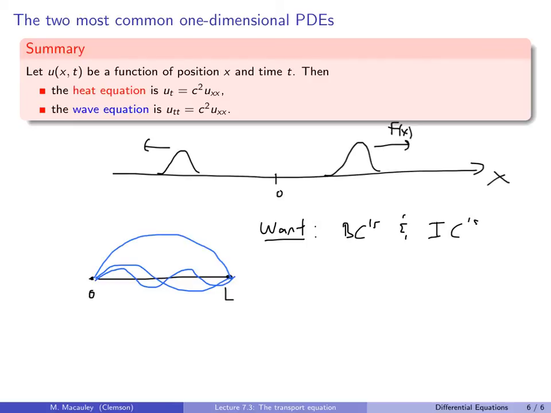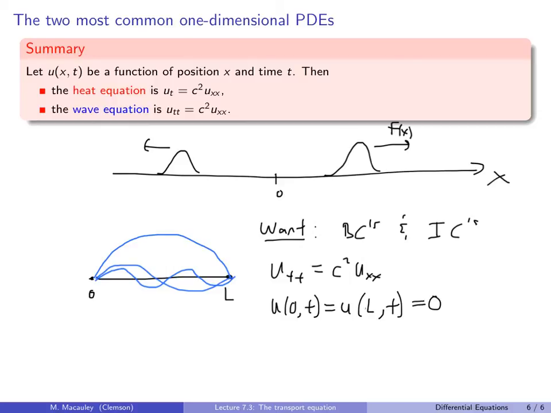For example, what we'll get is a PDE that looks like this. We'll get some boundary conditions where the endpoints are going to be fixed at all time t. So that means that u of 0, t and u of L, t are 0.